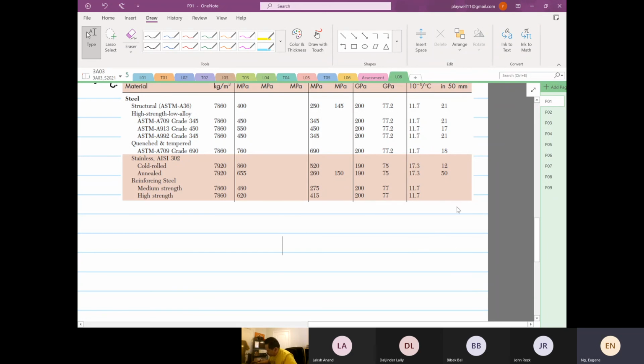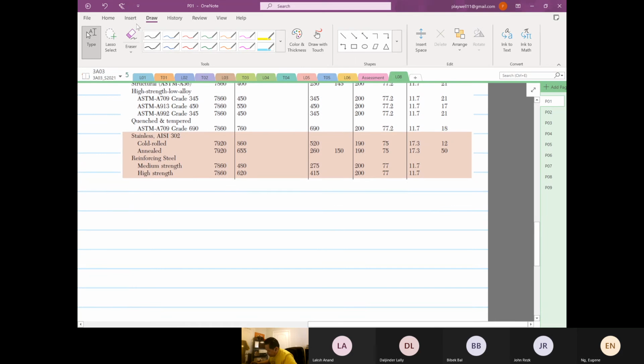If I draw a stress strain curve, this is strain, this is stress.